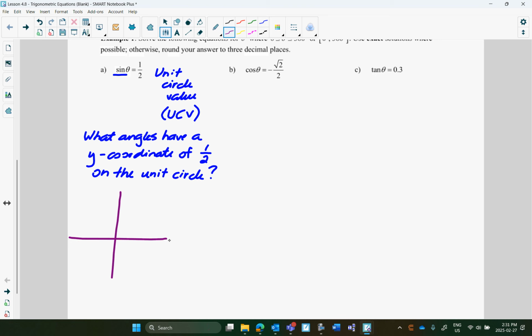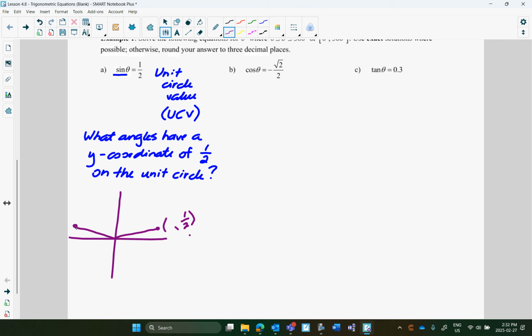So what angle would have a y coordinate of positive 1/2? Well, first of all, it's going to be in this quadrant, right? Because y is positive. And it's going to be in this quadrant because y is positive. Where? 30 degrees. The y coordinate is 1/2.